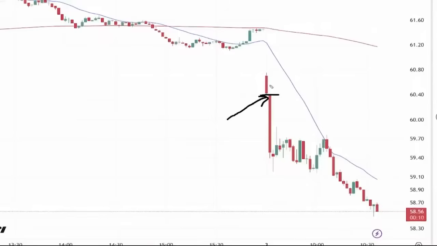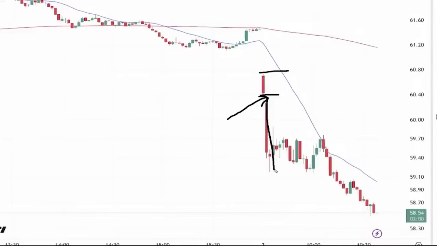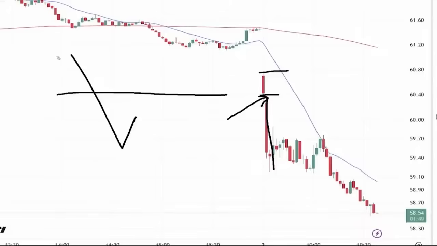Enter. Stop. That's right. Drop. Okay. What's after the drop? What are you looking for after the drop? Bounce of some sort. It's fine as long as the bounce doesn't break past the halfway point of the drop. Boom. 1, 2, 3.